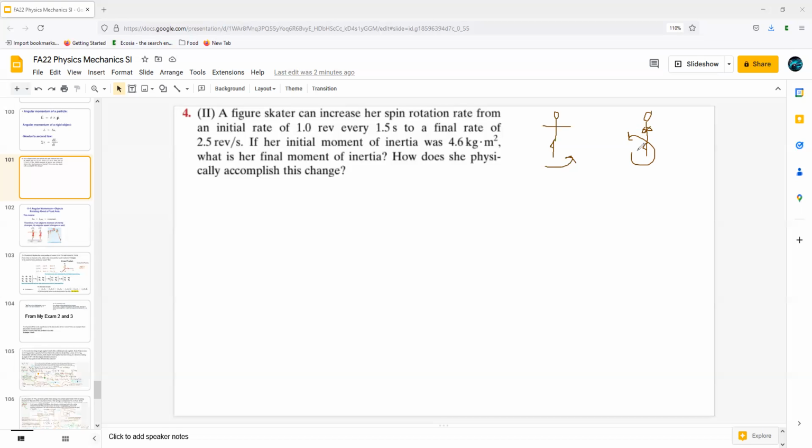So then let's put momentum. No, sorry, not momentum. Inertia. So here, leave a space for the knot. What is it, 4.6? Yeah.